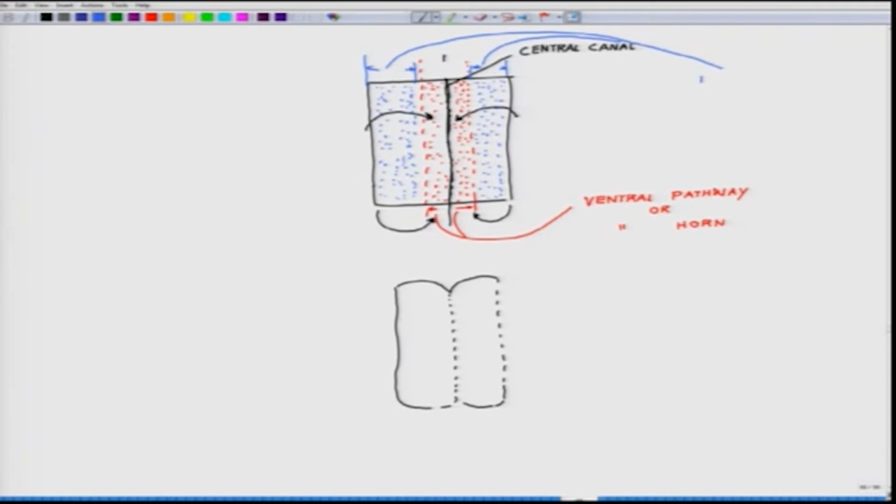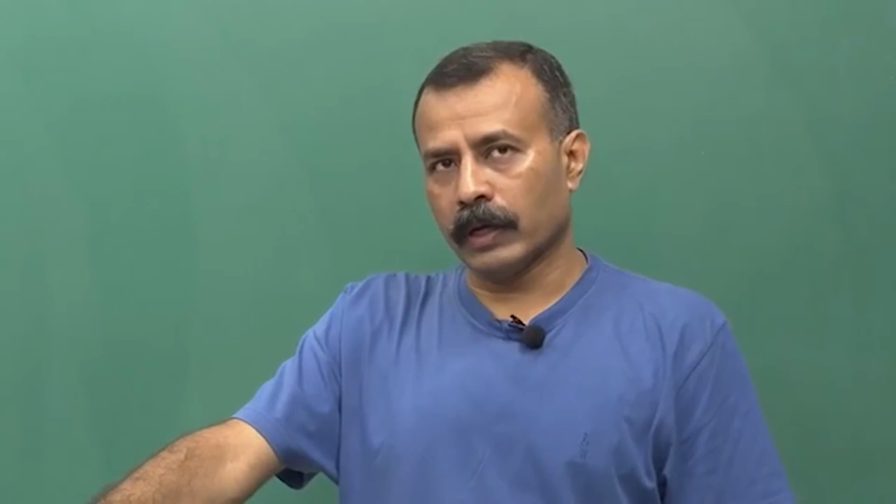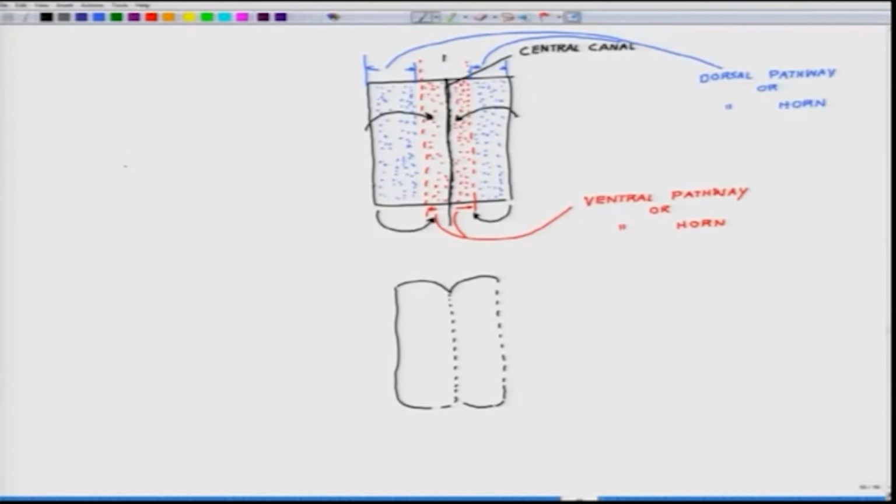This is called dorsal pathway or dorsal horn, right. So, we introduce three new terminologies. First of all, now we are understanding the anatomy of the spinal cord. Just let me put that down, I have not done it.